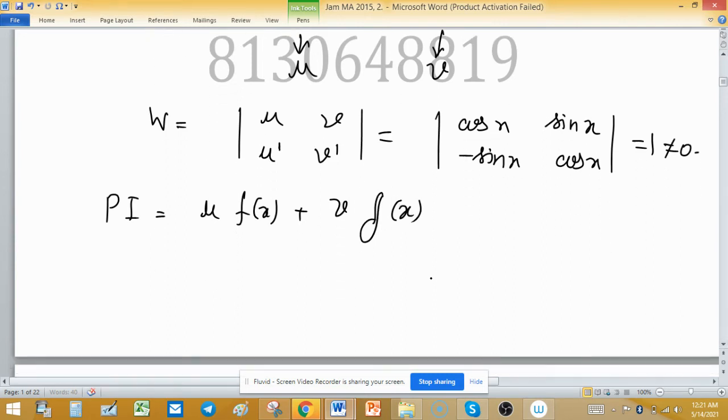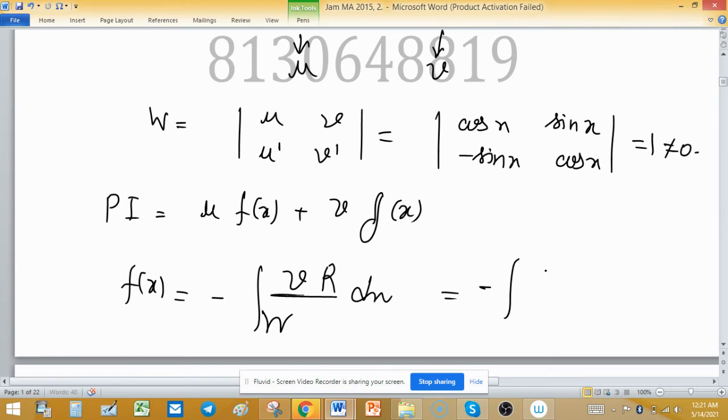How to find f(x) and g(x)? f(x) can be easily found by the expression minus integral of v r, where r is the right hand side of the differential equation, divided by the Wronskian w, integrated with respect to x. Here v is sin x, r is sec x, and w is 1, so there is no need to write 1.